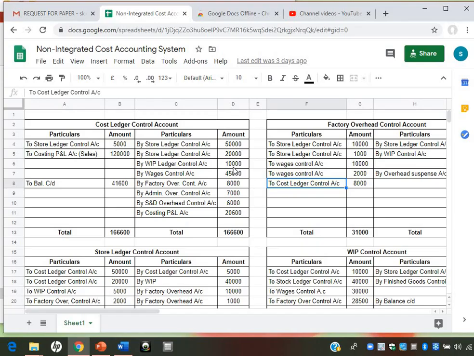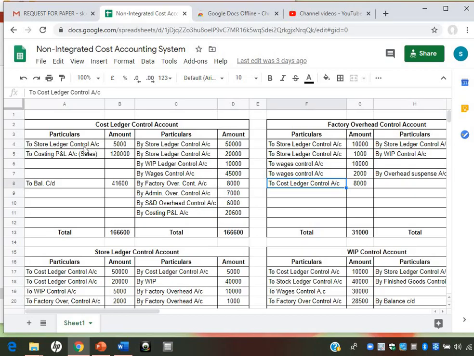Sorry, this is the work in progress ledger control, of rupees 10,000. Yes, this 10,000 is material purchased for special job. Then 45,000 wages we have paid, again cash entry recorded here. Factory overhead control account 8,000, that is factory overheads paid. Administrative overhead paid, selling and distribution overheads paid.